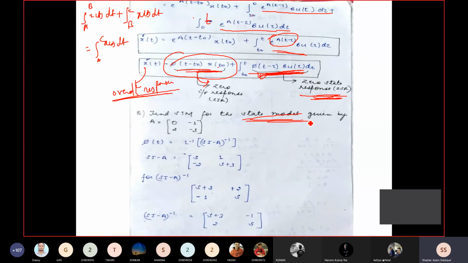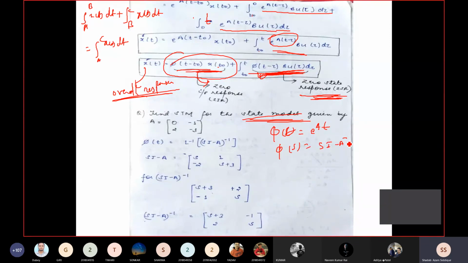To have the state transition matrix, what should be the formula? Phi of t is equal to e to the power At, and we know phi of s is equal to (sI minus A) inverse.